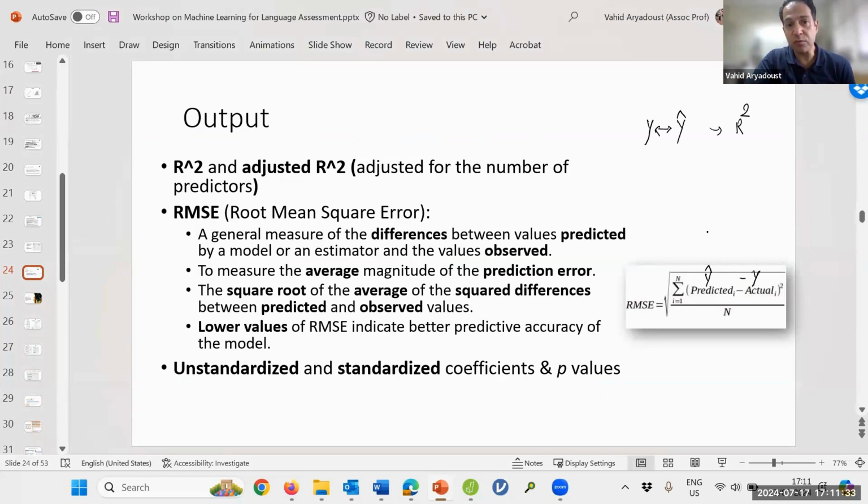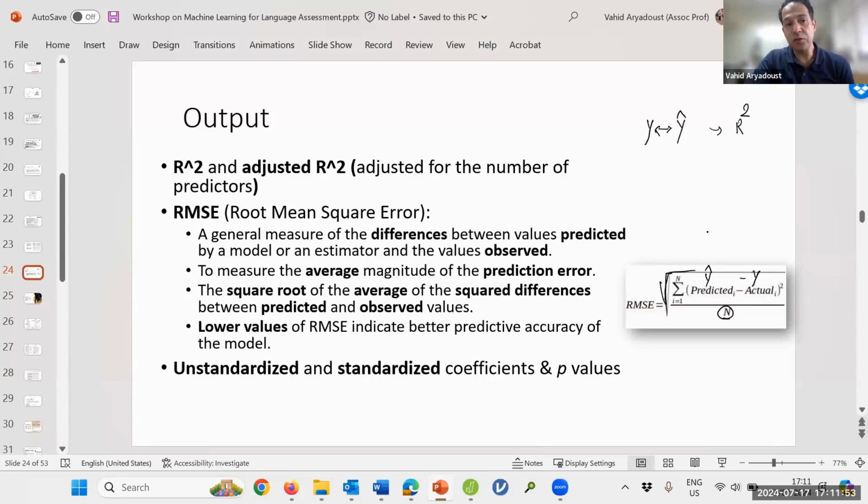That's where the mean square is coming from, squared, and then divided by n, because it's average, and then it's root square. This is the root.